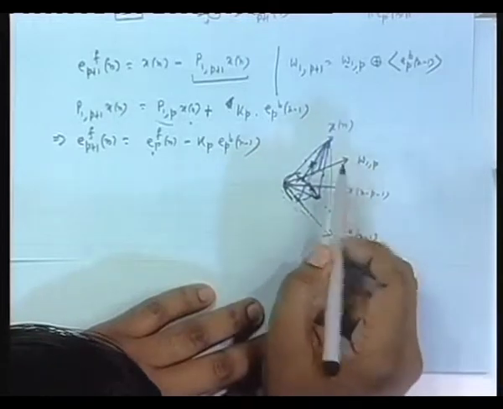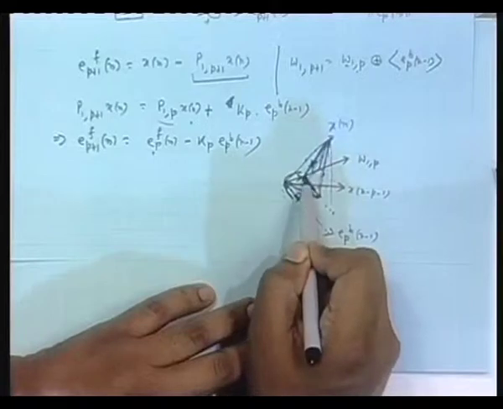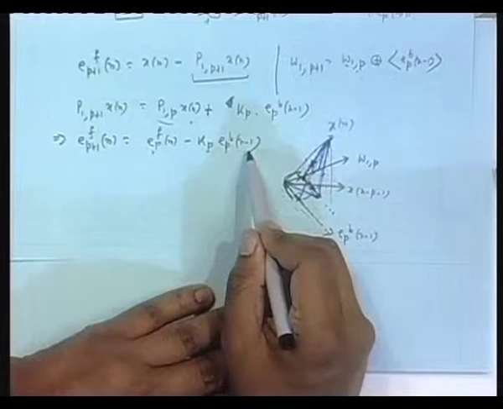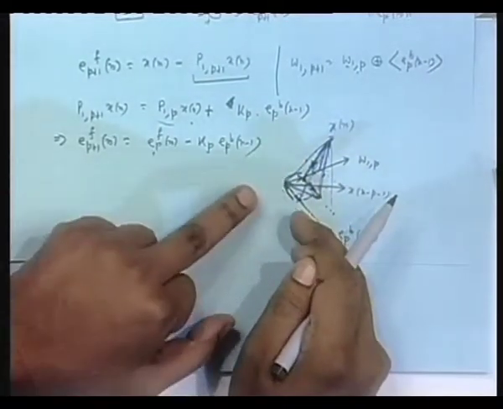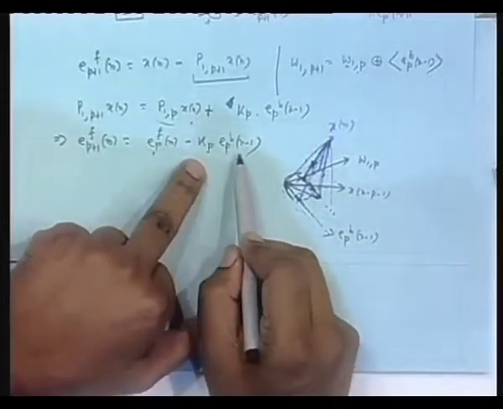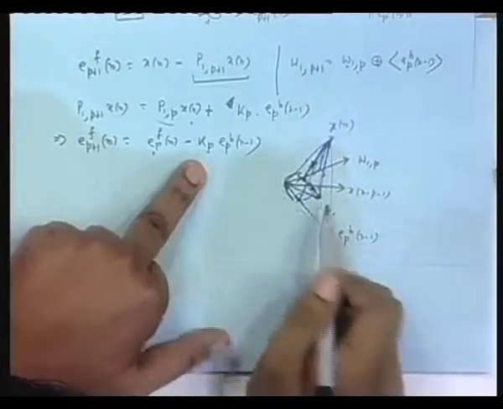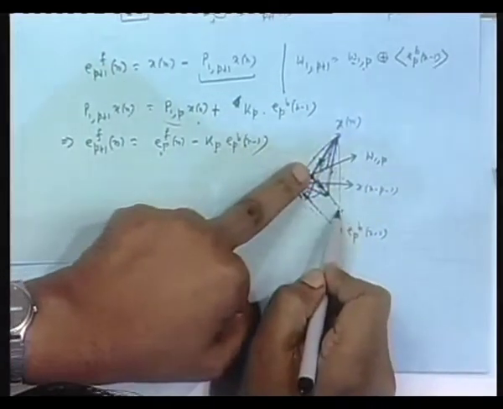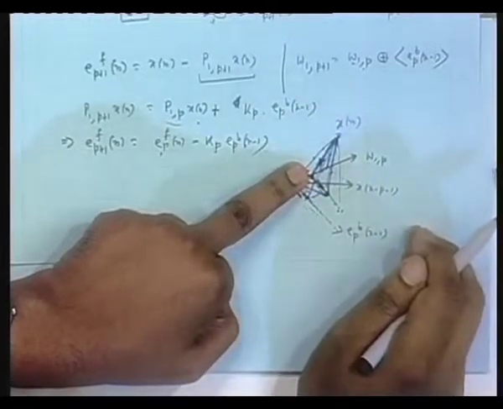This projection error is nothing but this fellow, which is EPFN, minus this fellow, which is Kp EPB n minus 1. This is exactly this much when this coefficient is Kp, but suppose instead of Kp, I make it just some arbitrary k times EPB n minus 1. That means I am sliding along this axis, and if I take some k for which k into EPBN minus 1 is this much, then the error will become this, and so on and so forth.